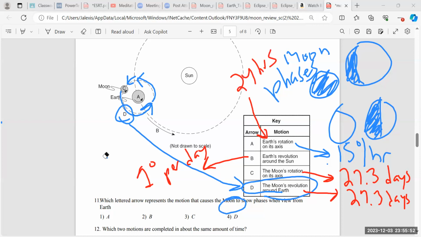And to make a complete full revolution is going to be 365 days. So these are some of the things that you definitely have to remember, especially the 15 degrees per hour for the Earth's rotation, 1 degree per day for the Earth's revolution. The other one can be found on page 15 of the reference tables.